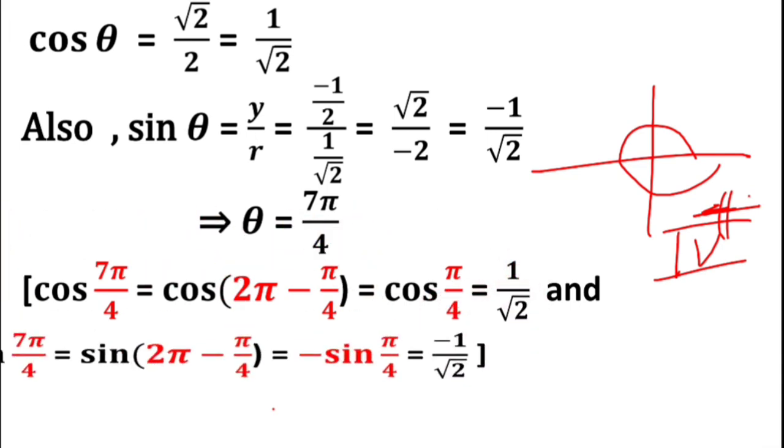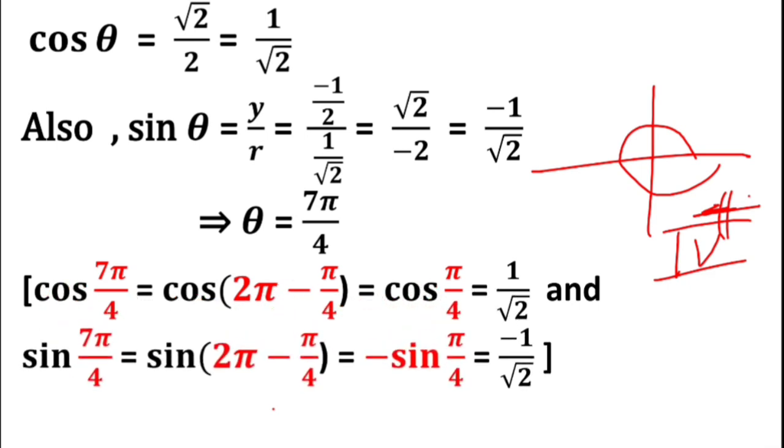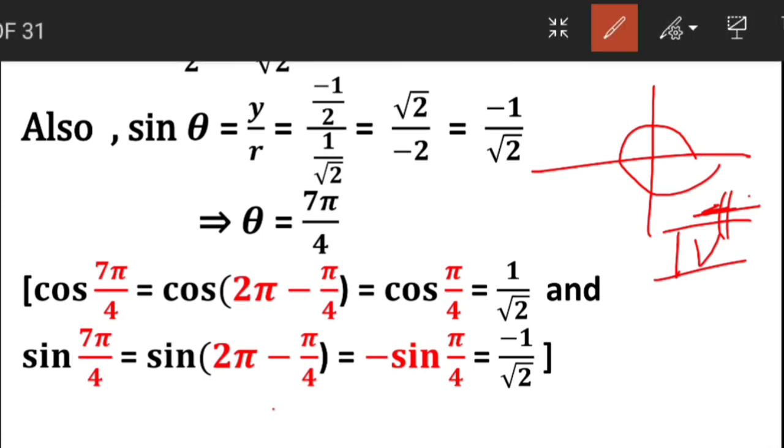Also sin 7 pi by 4 is equal to the sin of 2 pi minus pi by 4. Again it is sin pi by 4, but see, 2 pi minus pi by 4 lies in fourth quadrant, and in fourth quadrant sin is negative, so it has minus sign, minus 1 by root 2. Okay, so theta is equal to 7 pi by 4.